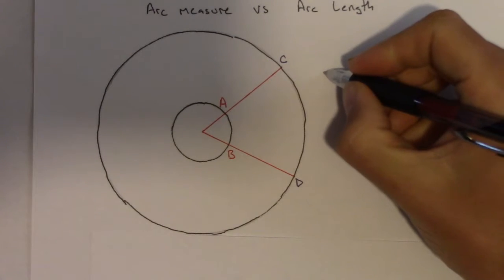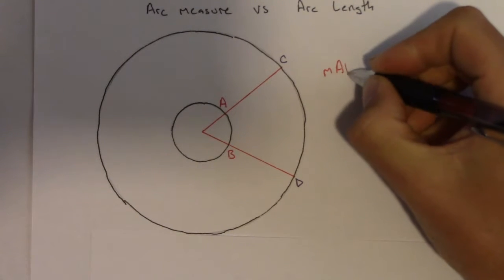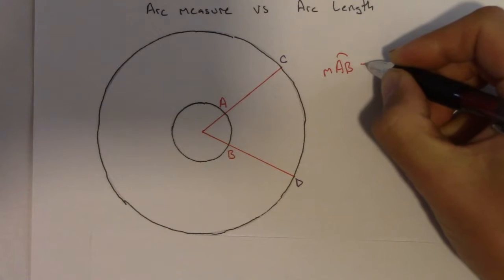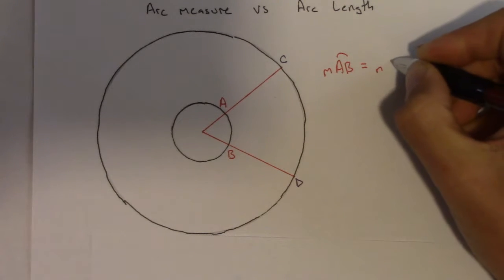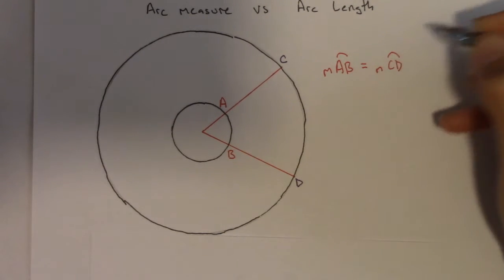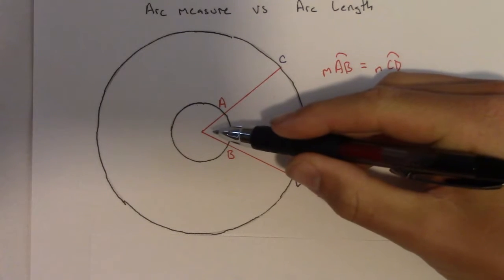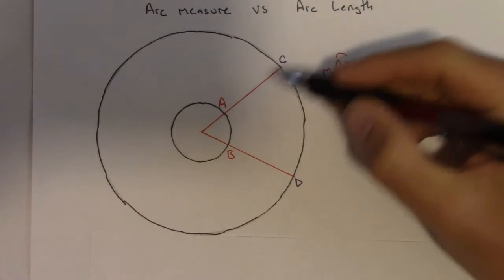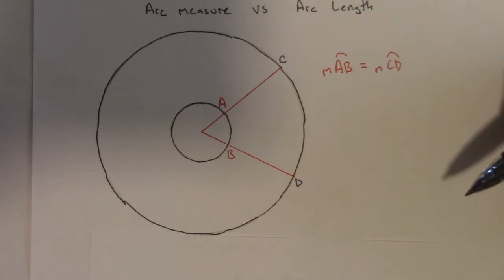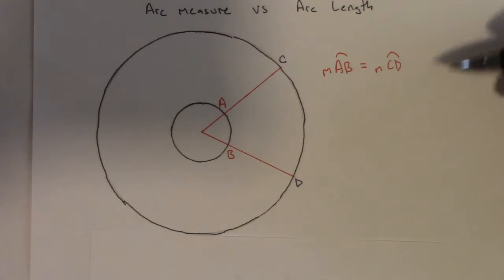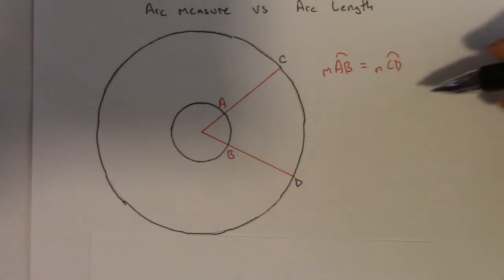Okay, so I know that the measure of arc AB must be the same as the measure of arc CD because they have the same central angle. This degree measure down here would be the same. They're both central angles, so they equal the intercepted arc. Okay, that's fine. But now I want you to think about this.